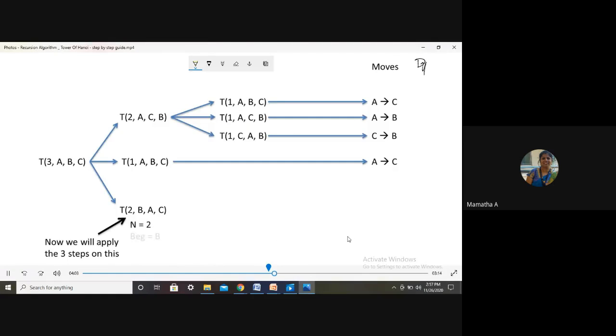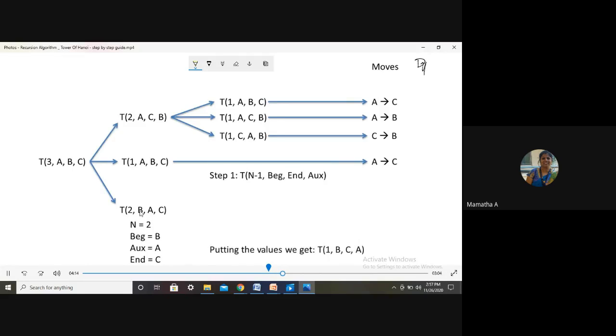Just look into it. So in this case, my beginning is B, because that is my source peg at this moment. So you are moving from B to A.